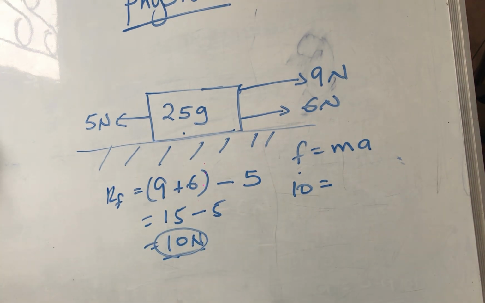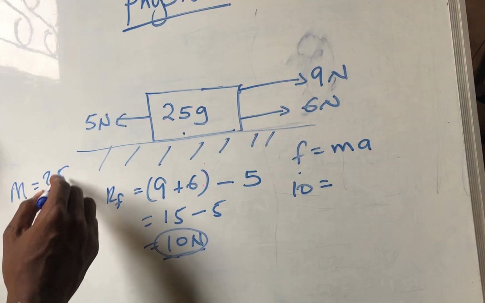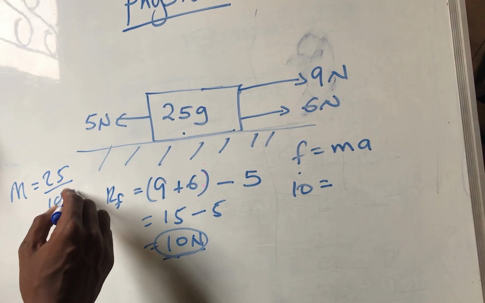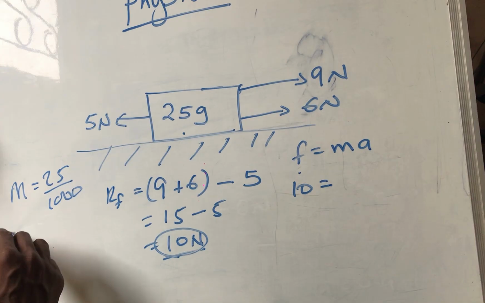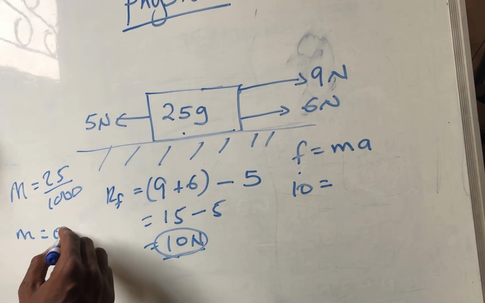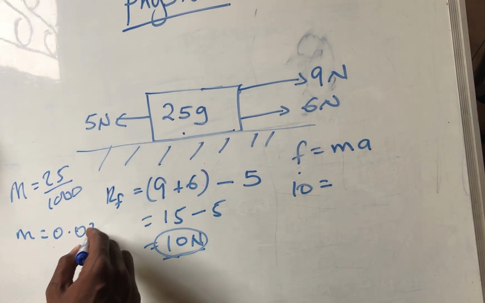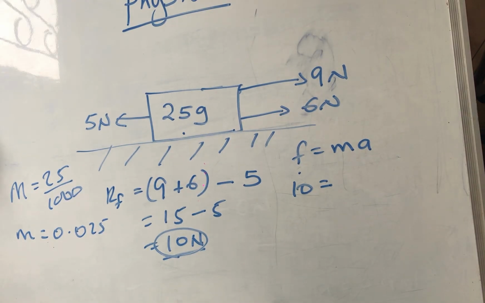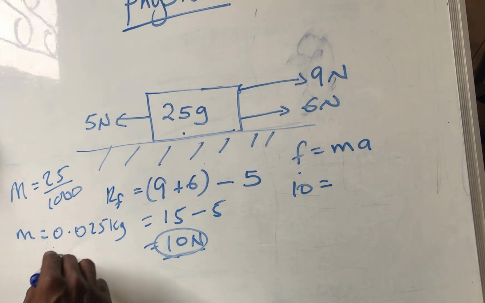By now you must know how to convert from grams to kilograms. I taught you. We say 25 grams divided by 1000. To change from grams to kilograms, you just divide by 1000. So the mass will be equal to 0.025 kgs.